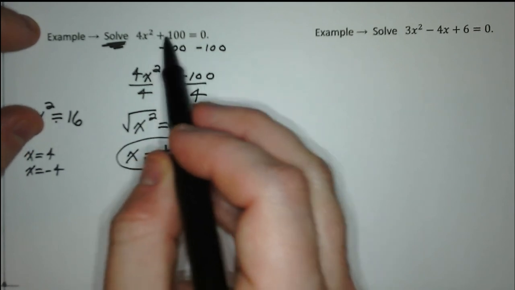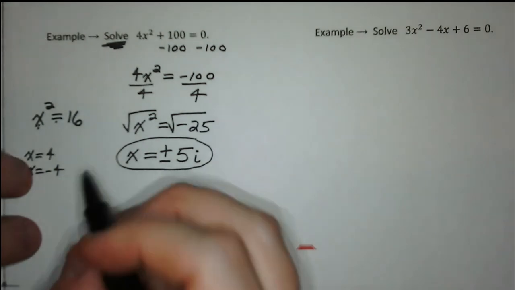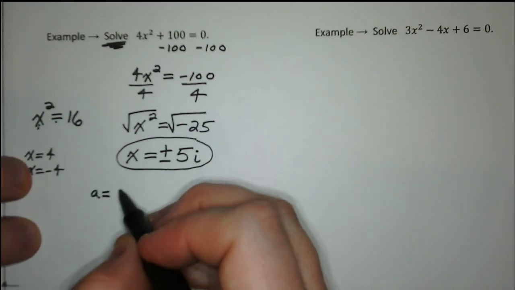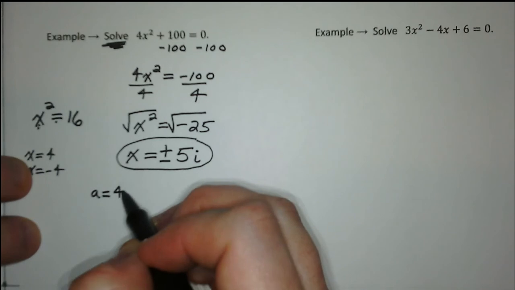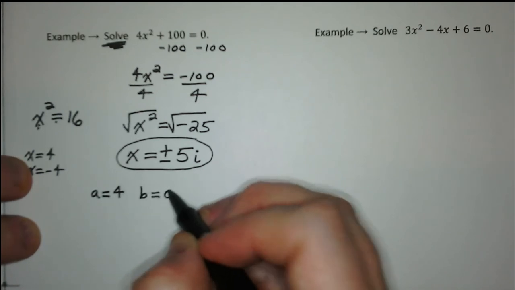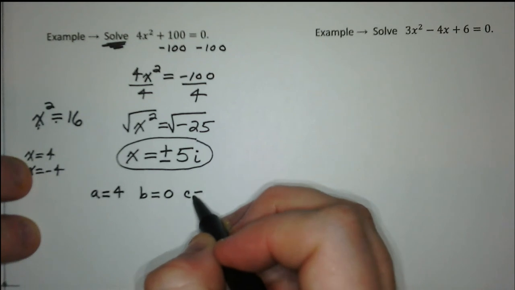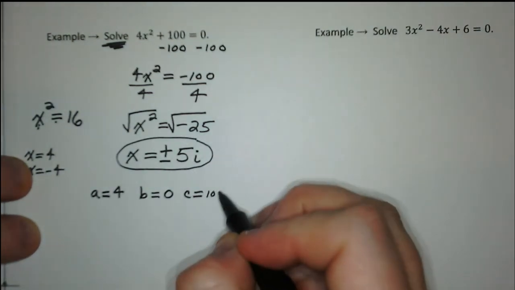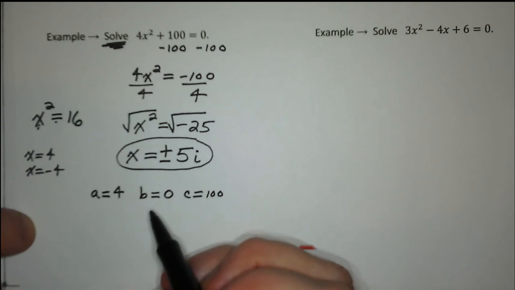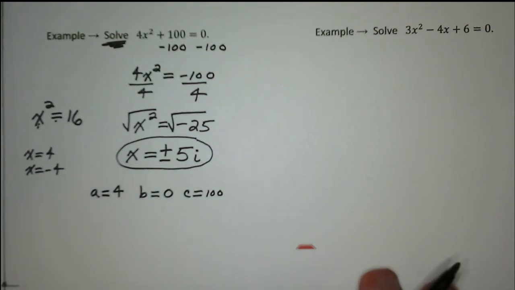But also remember that you could do the quadratic formula, where a would equal 4, b would equal 0, and c would equal 100. So this would also have been an option, the quadratic formula.